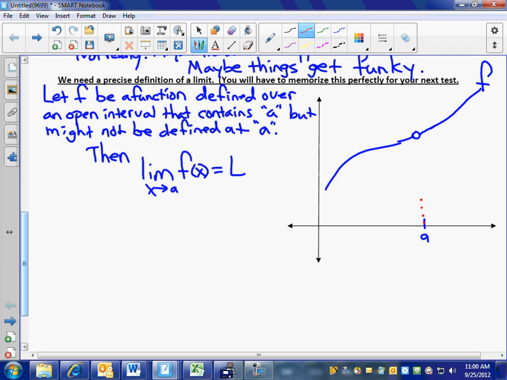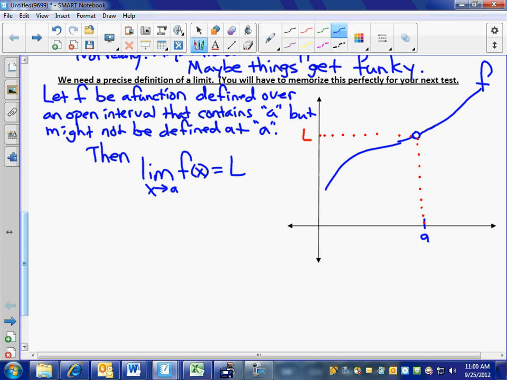As x gets close to a, what's the output? L. So I could put L on there. In most cases, we could just plug a into the function and it would give us L. But not all the time. Not in this case.